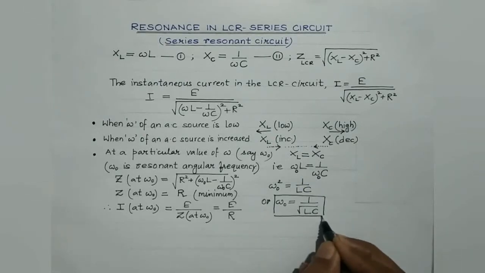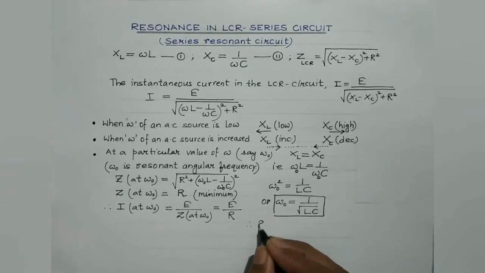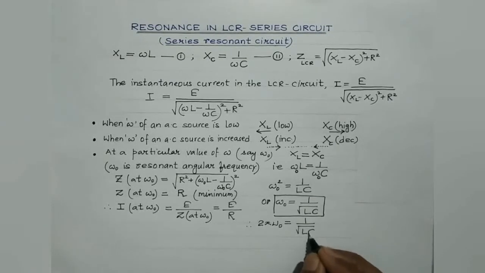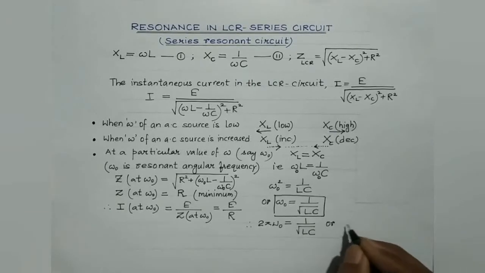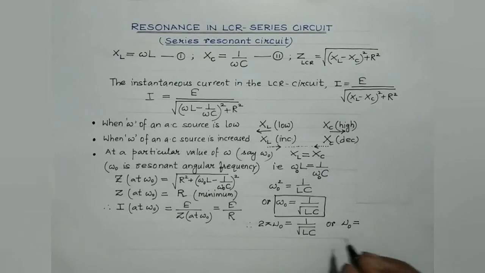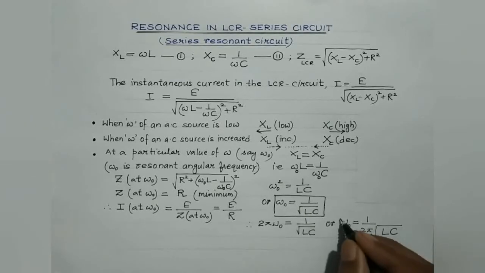Now omega is the angular frequency, which is 2 pi by capital T. Reciprocal of time period is linear frequency. Therefore, it can also be written like this: 2 pi nu naught is equal to 1 by square root of LC. This is the resonant angular frequency and this is the resonant linear frequency. It may be written as nu naught is equal to 1 by 2 pi square root of LC.